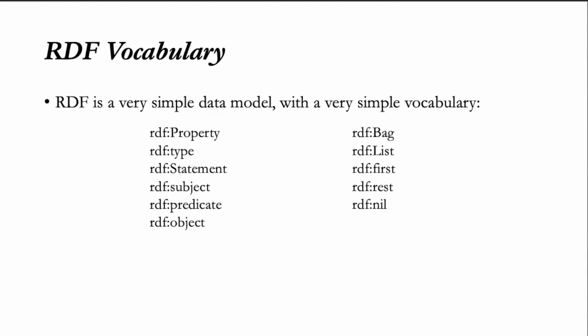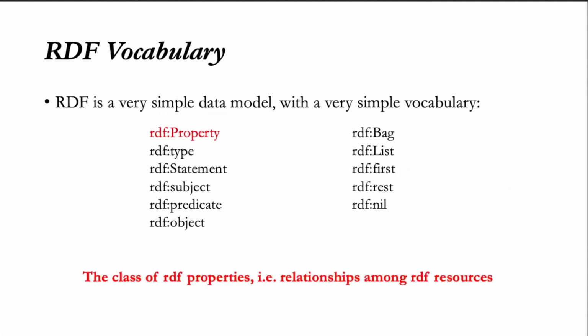But these are parts of the simple vocabulary that were introduced to describe that data model and have users deploy it. So I'll walk through some pieces of this very interesting but simple vocabulary, like property. This is the class of properties, i.e. relationships among RDF resources. Remember, resources are like everything you can give a name to.